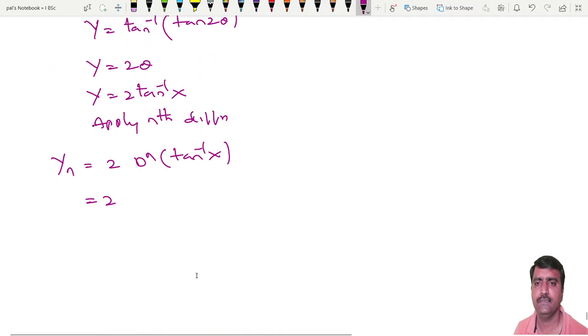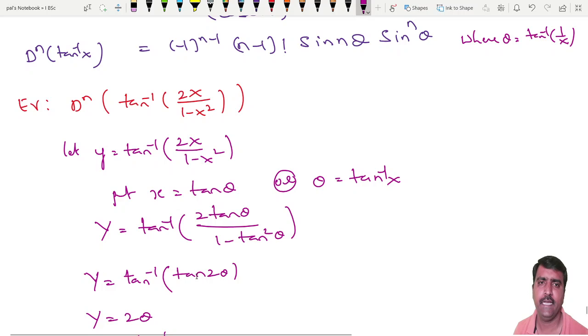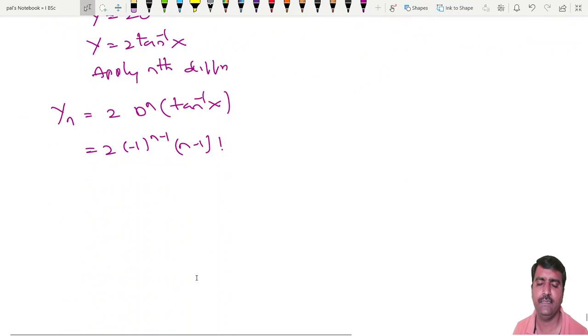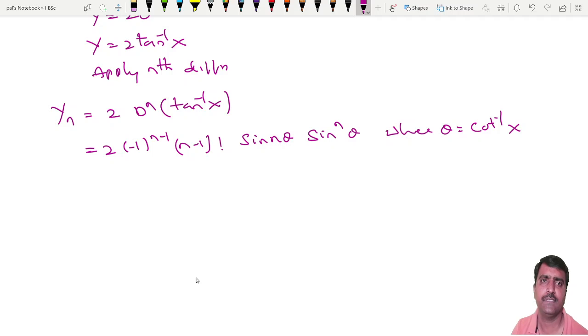So it is minus 1 to the n minus 1, n minus 1 factorial, into sin n theta into sin to the power n theta, where theta is equal to cot inverse of x or tan inverse of 1 by x.